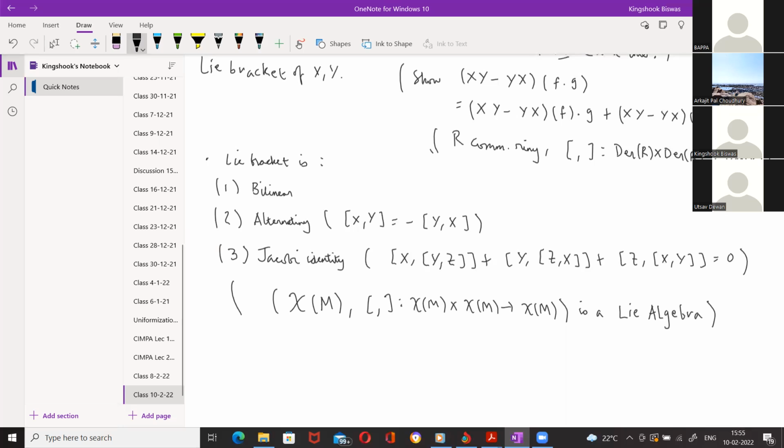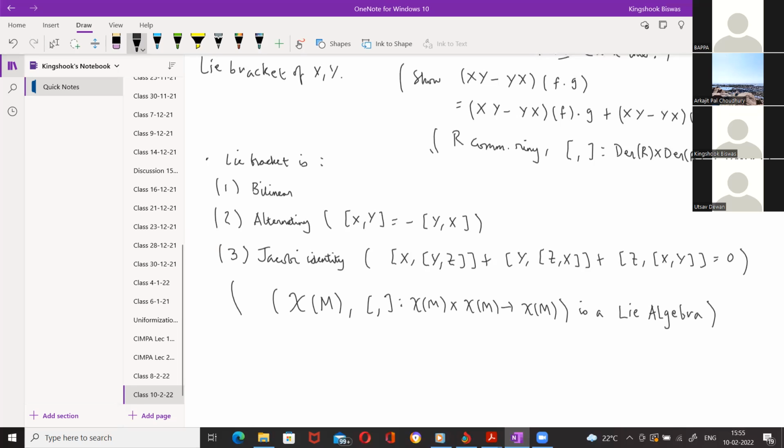Now if I take two tangent vectors at the identity, they give me two left invariant vector fields. I can take the Lie bracket of those two vector fields, and it turns out that the Lie bracket of left invariant vector fields is also left invariant.